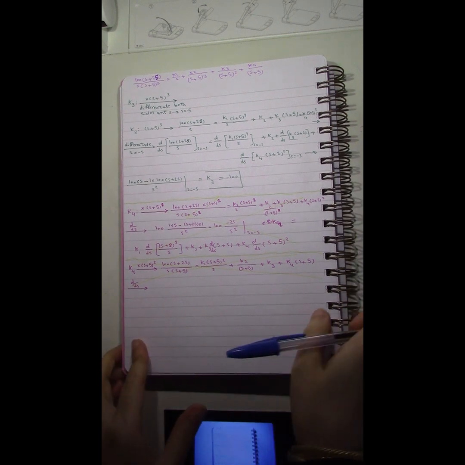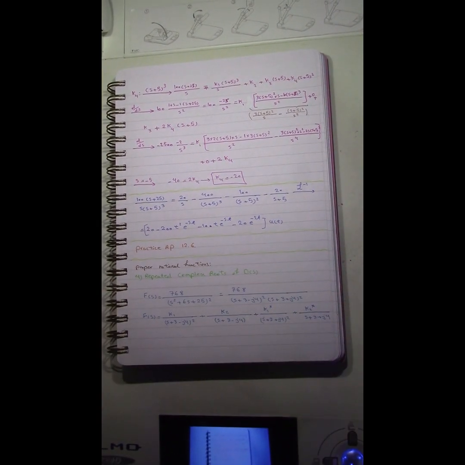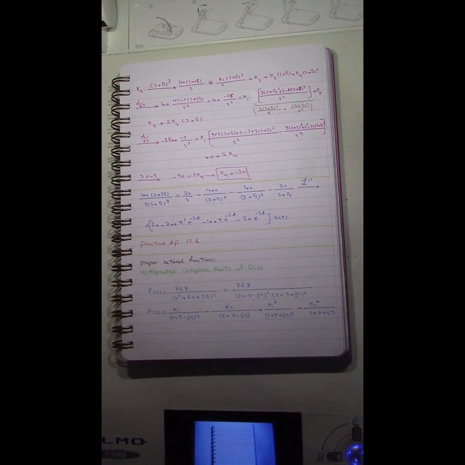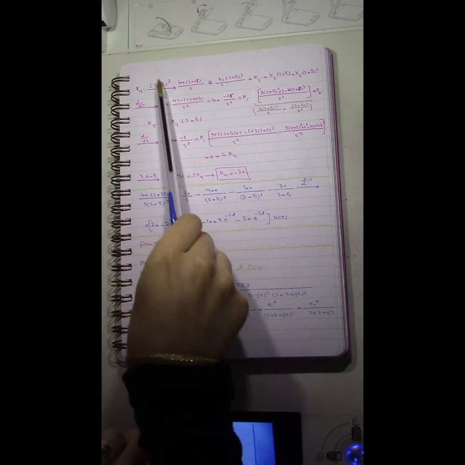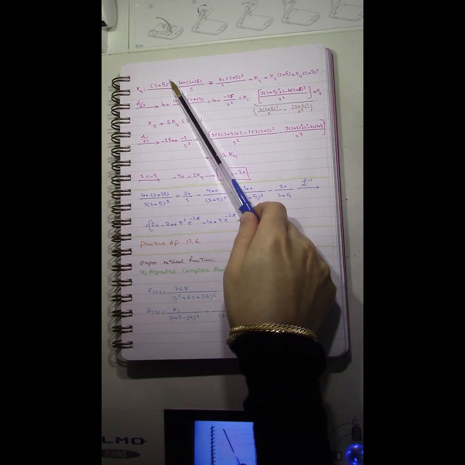For K4, again, we are not going to multiply by s plus 5. We multiply both sides of the equation by s plus 5 raised to the power 3.